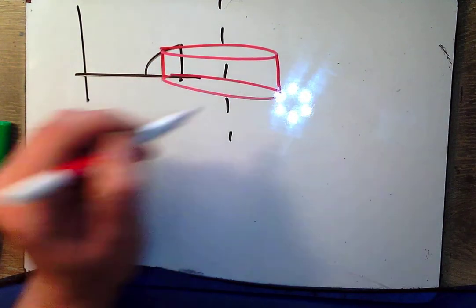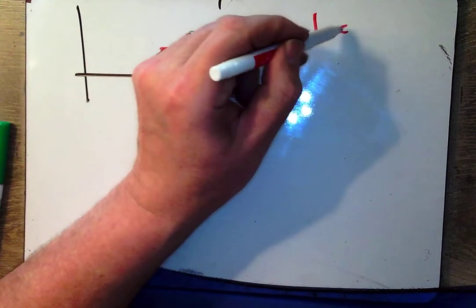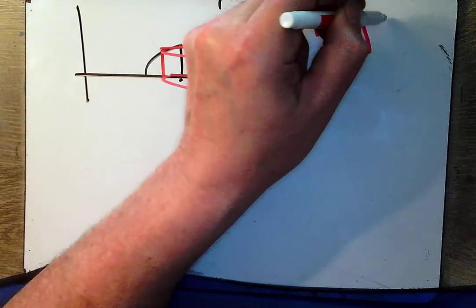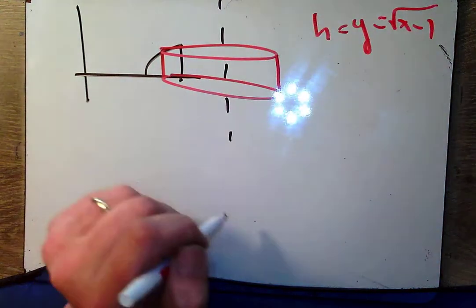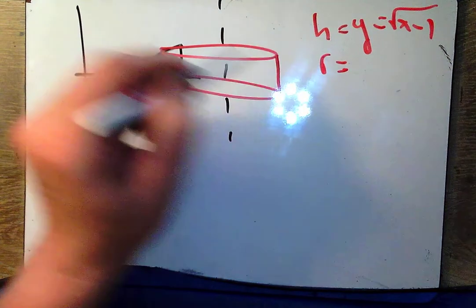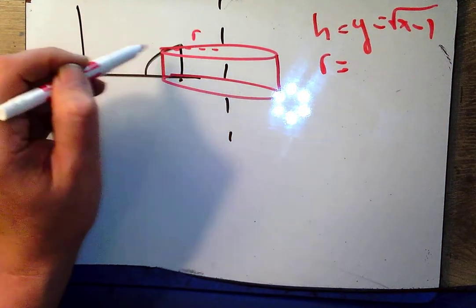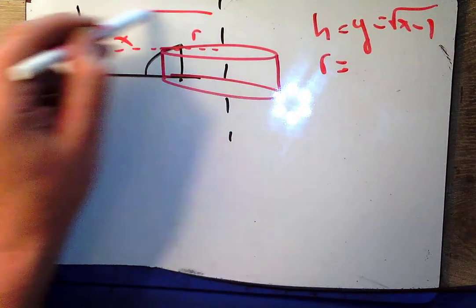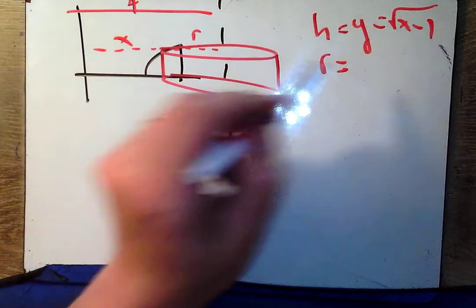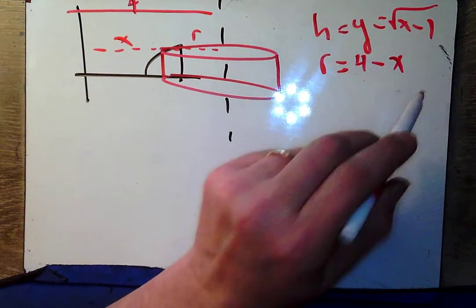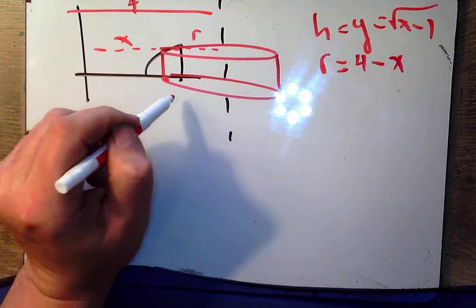Cylindrical shells. So h is my y value, which is square root of x minus 1. R, well, this is r. This is x, and that is 4. So 4 minus x, however, this is a dx integral. I like that.